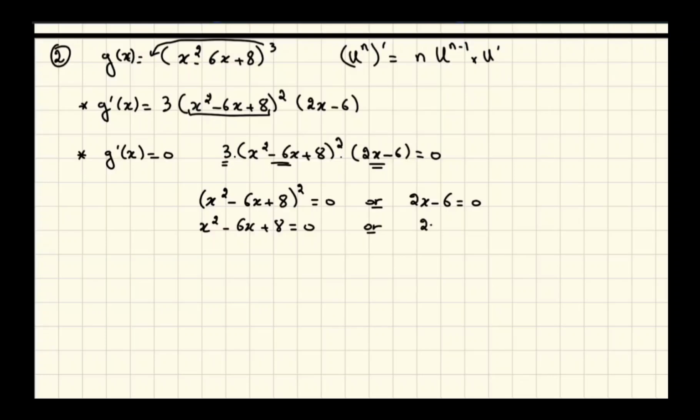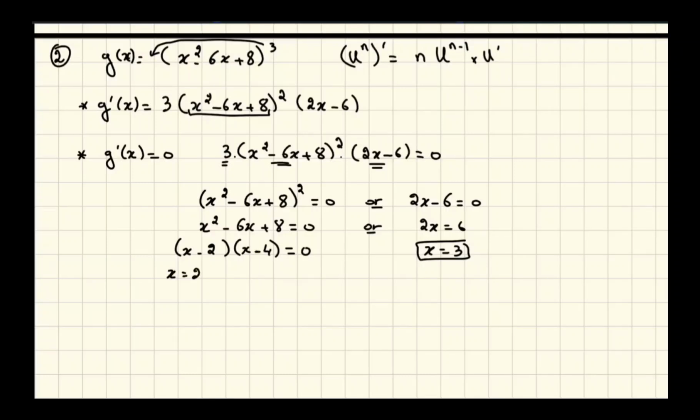Or 2x equals 6. So for this one we get x equals 3 as the first stationary value. And for this one, if you have a calculator, you can get the roots or you can factorize. So I want two numbers whose product is 8 and whose sum is -6, and they are -2 and -4.